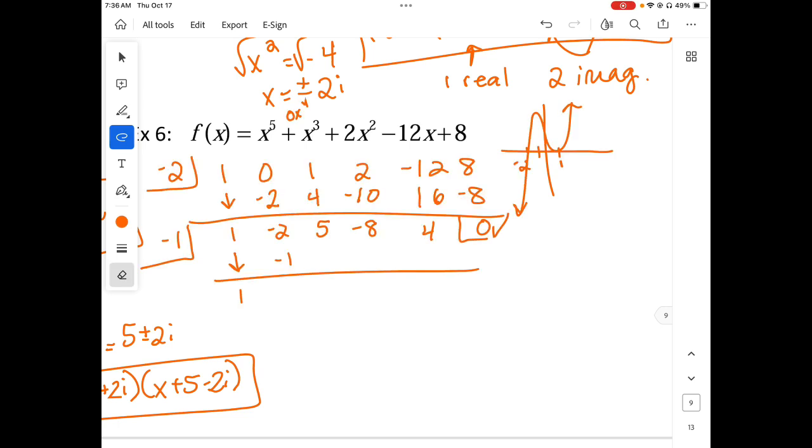Sorry, that's a +1. So fix that real quick. Okay, so now we have a -1 here. All right, so remember we have the double root. So we can do that again. We can divide it by 1 again.